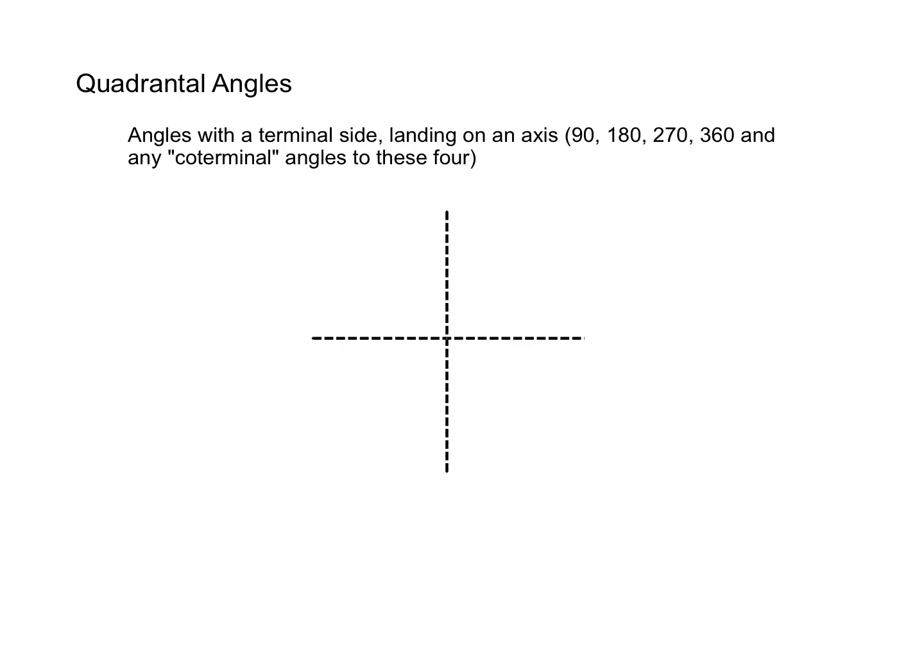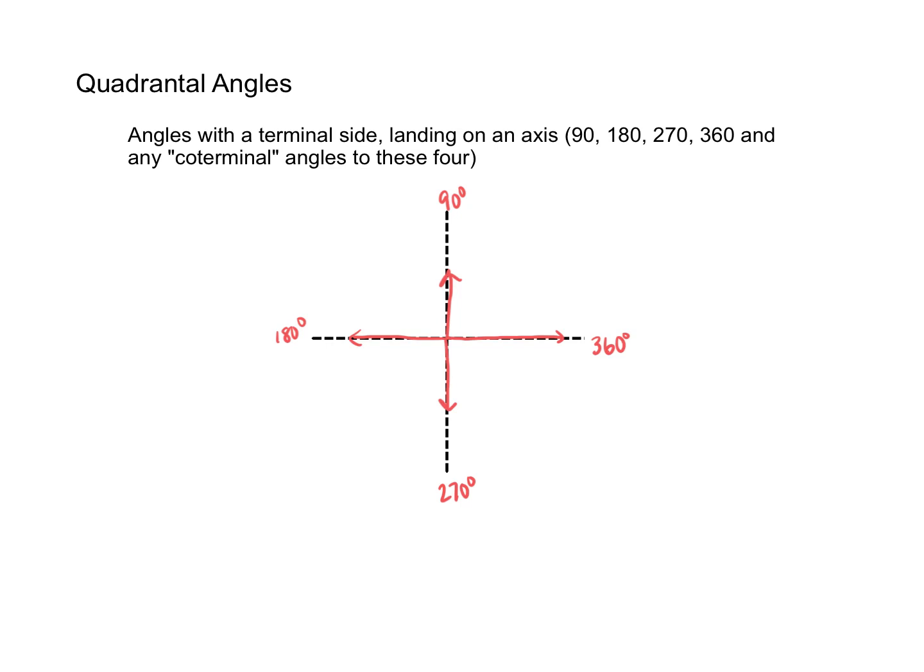So again, we've got our initial side, and then 90 degrees, and at 180 degrees, and then at 270 degrees, and at 360 degrees if we were going all the way around. And then any angles that are coterminal to them. So that would actually include a 0 degree angle as well.